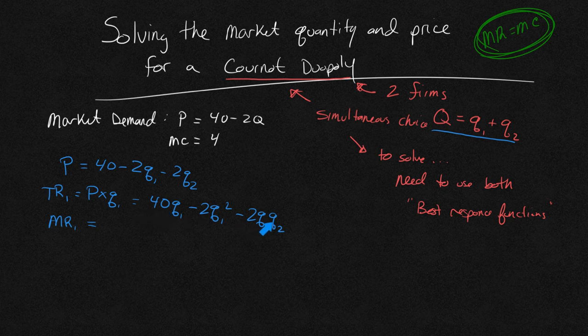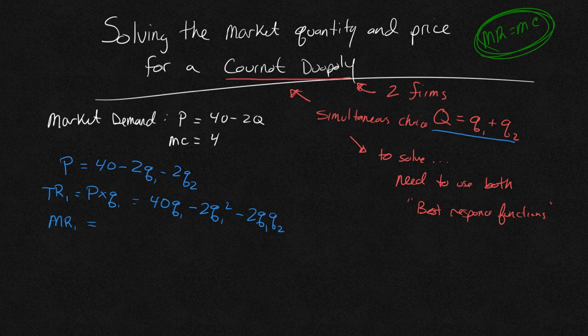Now some classes, like the intermediate level classes at Penn State, don't require calculus. So you'll either be given the marginal revenue, or you can remember that when we have this linear demand curve, you're just going to double the slope on the q that you're caring about.